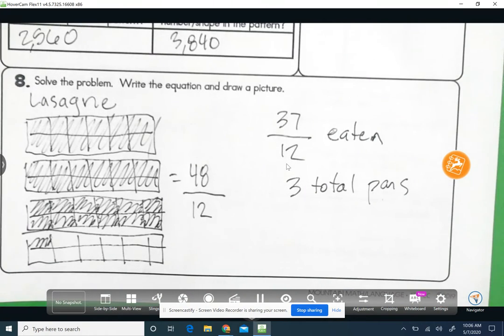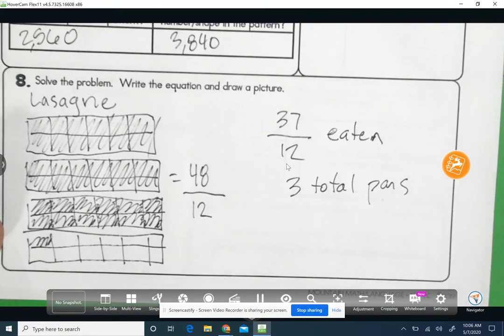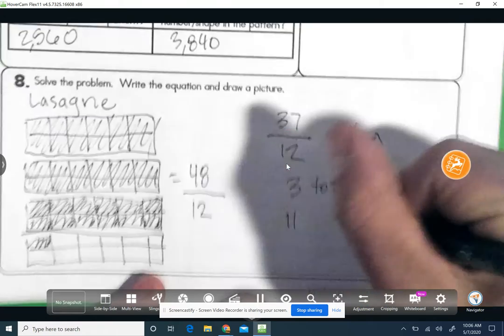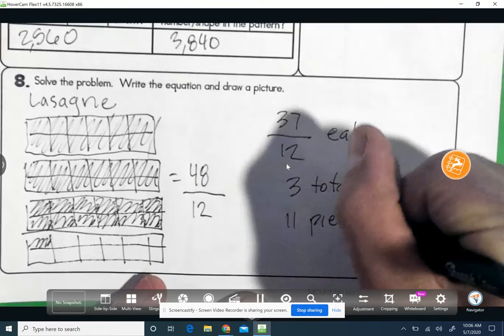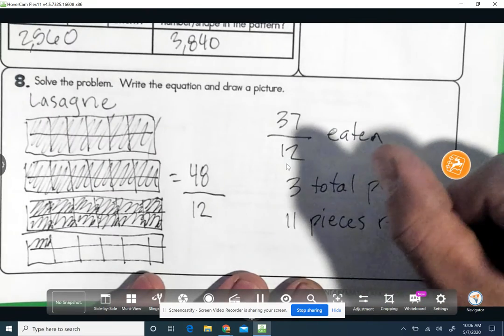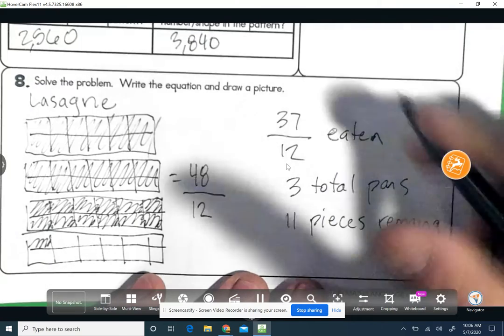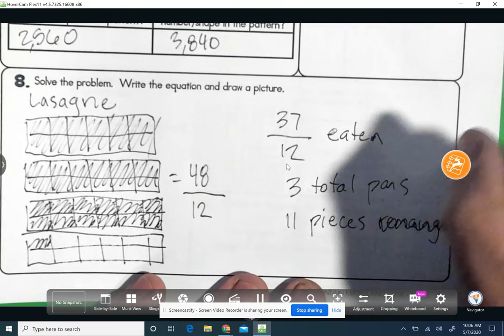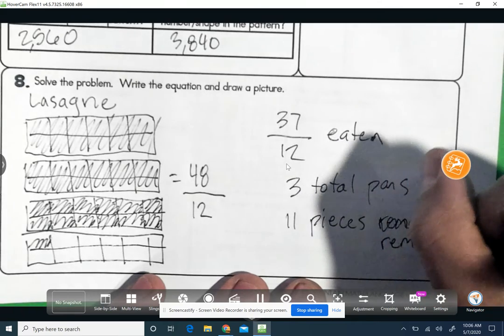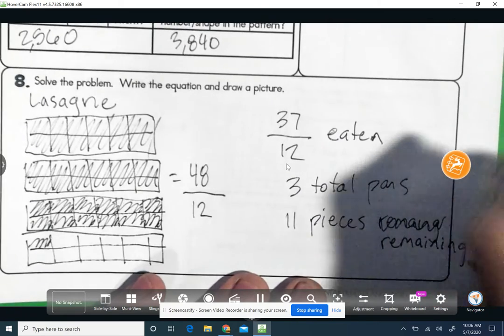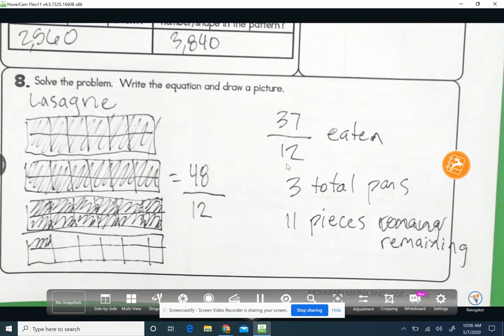And how many pieces are left? Well, we don't have a full pan left, but we do have 11 pieces remaining.